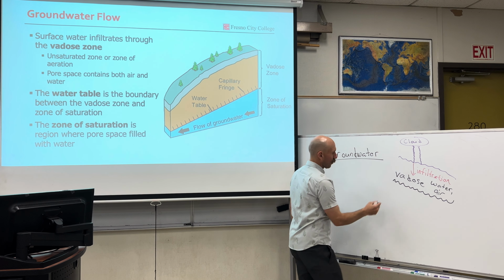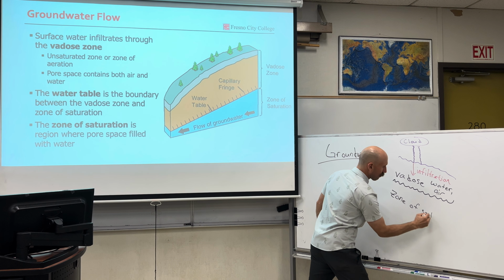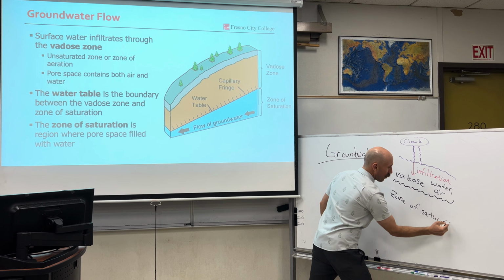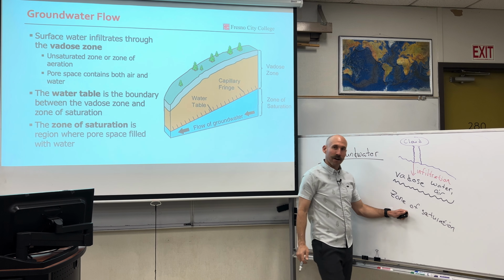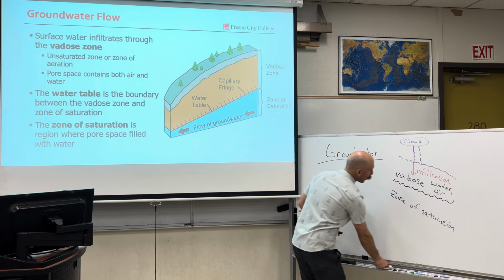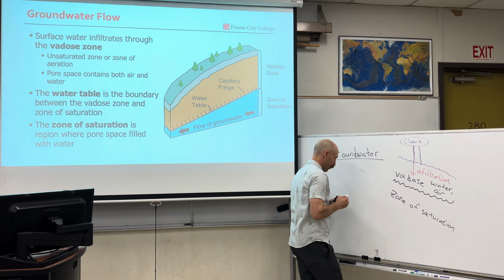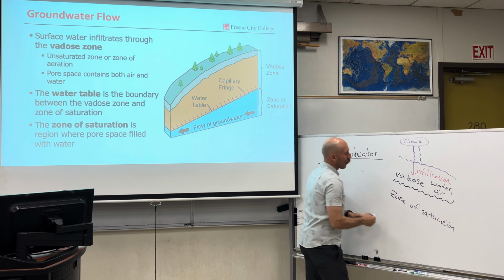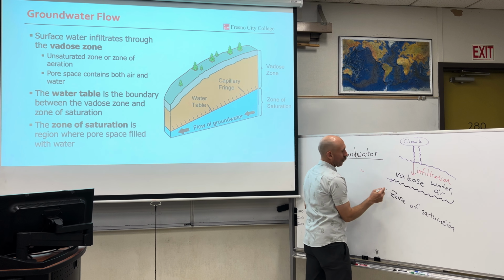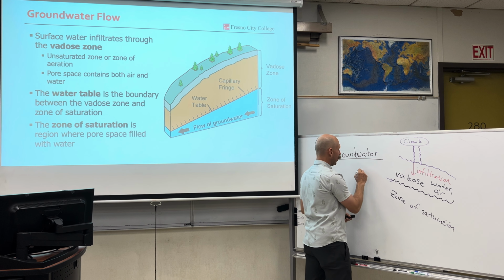Below the vadose zone is the zone of saturation, where there's no longer air in the soil or the rock. Now it is completely full of water. We call the level at which it transitions from both water and air to the zone of saturation the water table.